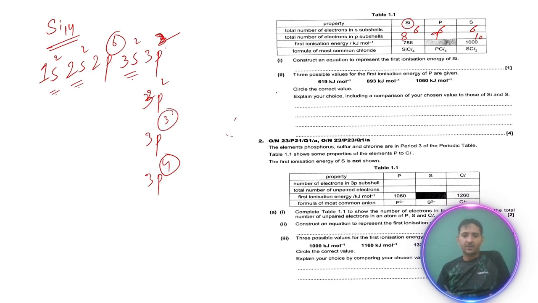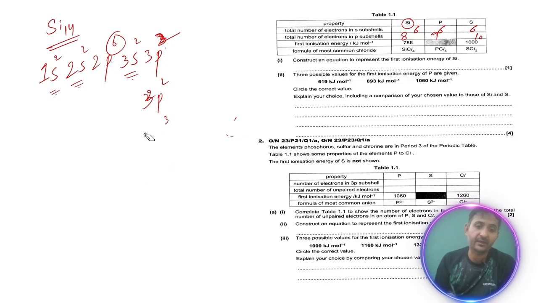Okay, construct an equation to represent the first ionization energy of silicon. How to write the equation? Keep in mind number 1 point: whenever you write an element on the reactant side, it must be in the gaseous state.